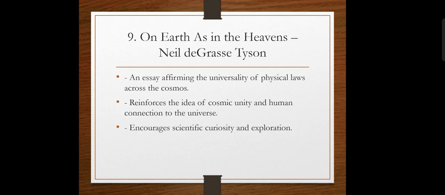Next, we have the third module, which starts with On Earth as in the Heavens, written by Neil deGrasse Tyson. So this essay reiterates that the laws of physics are universal. What governs a falling apple also governs planetary orbits, which means an apple falling from a tree is attracted towards the ground.